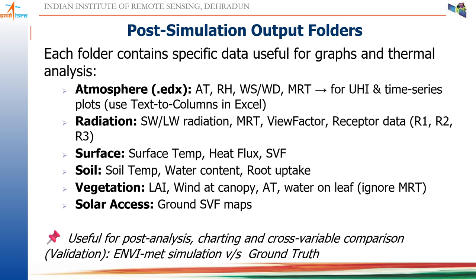Here I have mentioned the important folder created with the name atmosphere. In this atmosphere folder, we will get data like air temperature, relative humidity, wind speed, and MRT. In the radiation part, these are the data we will get, and similarly for the others.